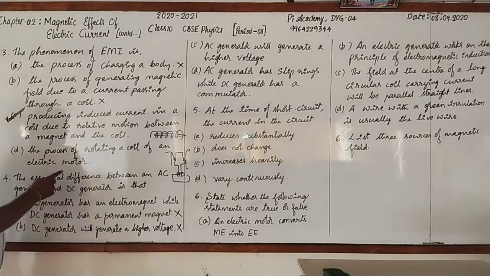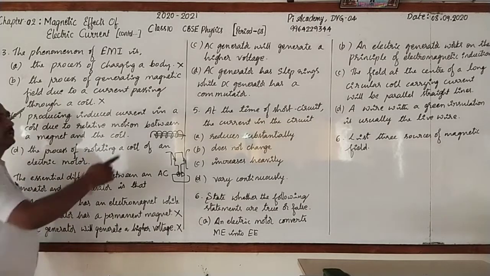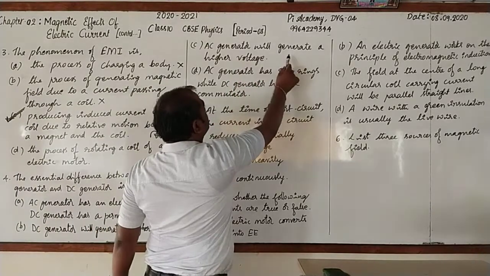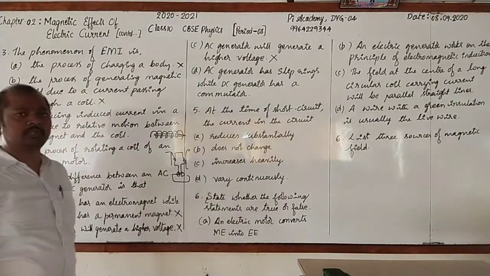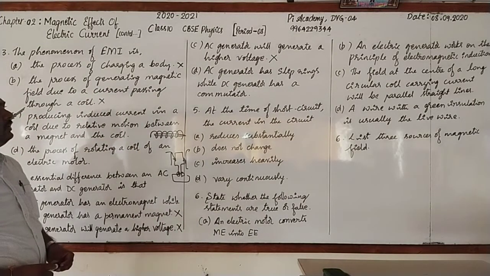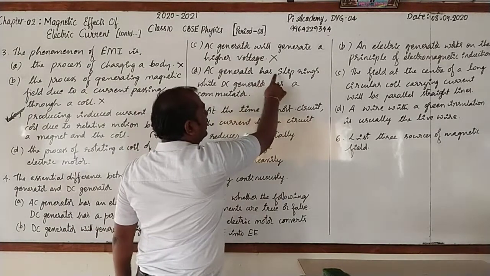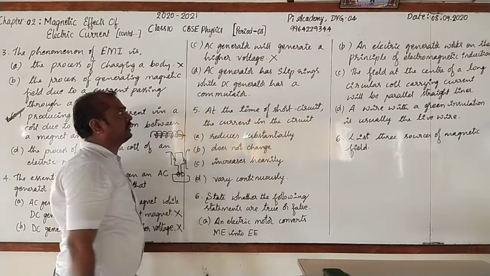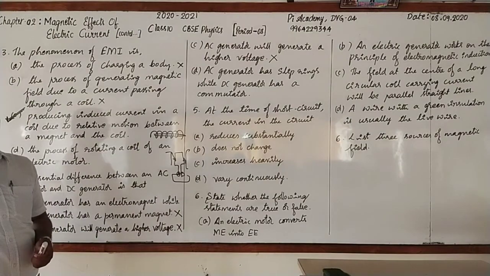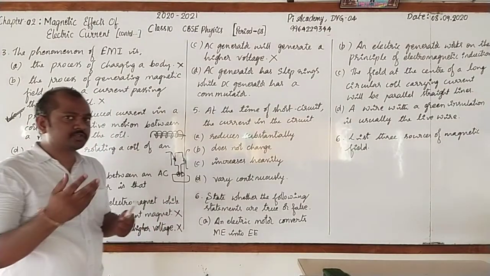Because a generator will produce the current. Now, AC generator will generate a higher voltage. Won't come. Option D. AC generator has slip rings and DC generator has a commutator. Is it right? You just have to recall that.